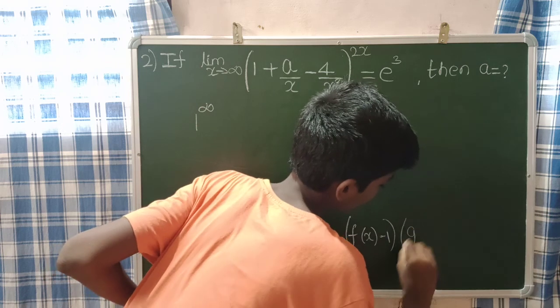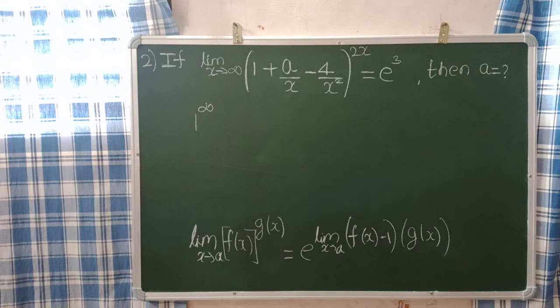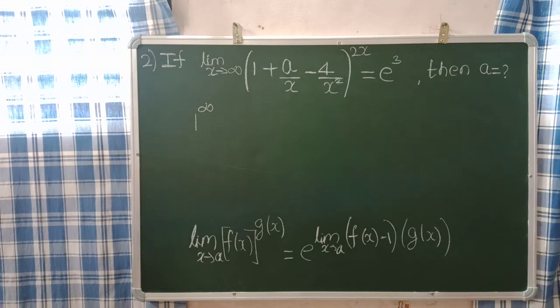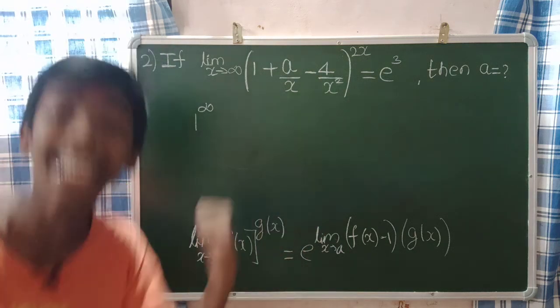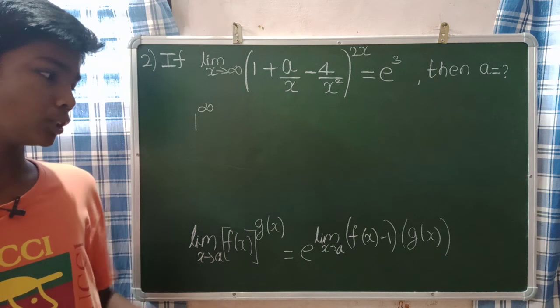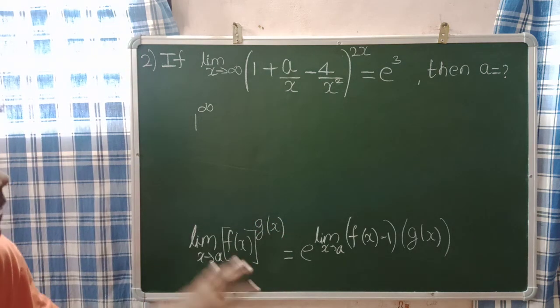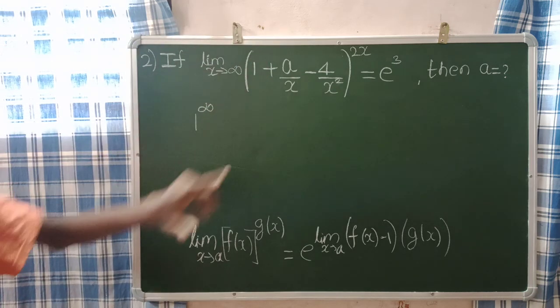This is what our 1 power infinity form solving method says. Very simple now. Limit of x tends to a of f of x to the power g of x, if you get the value of the limit as 1 power infinity form, then you can write the same limit as e power limit of x tends to a of (f of x minus 1) into g of x. This is the same technique I am going to use in this particular limit.